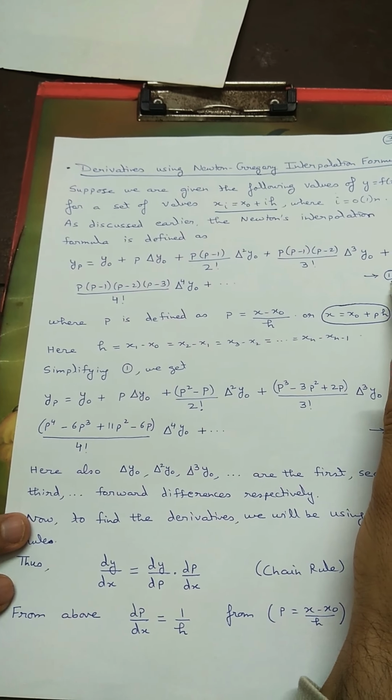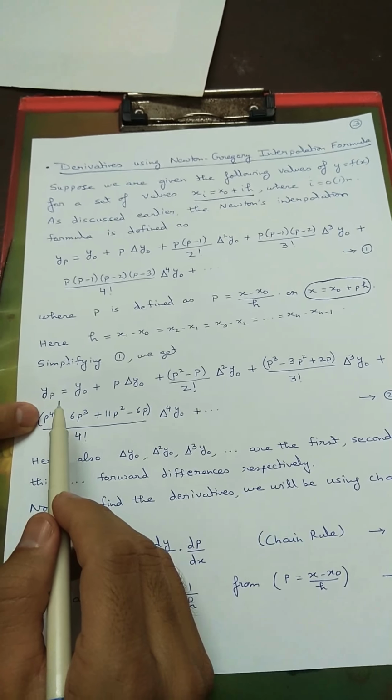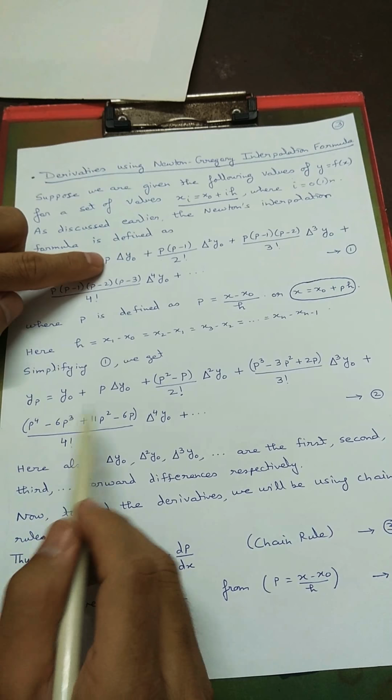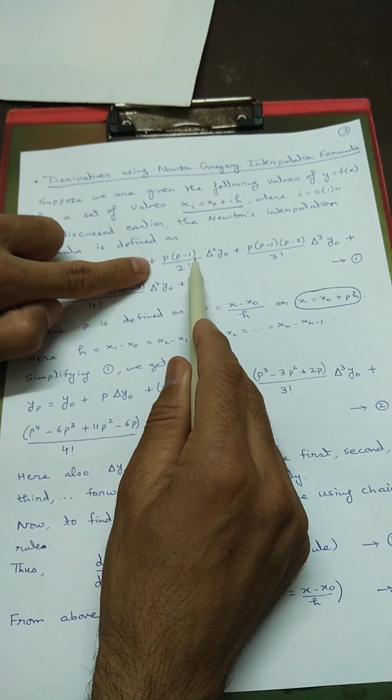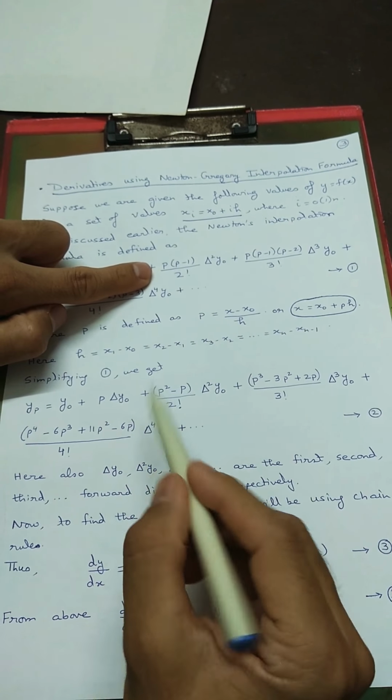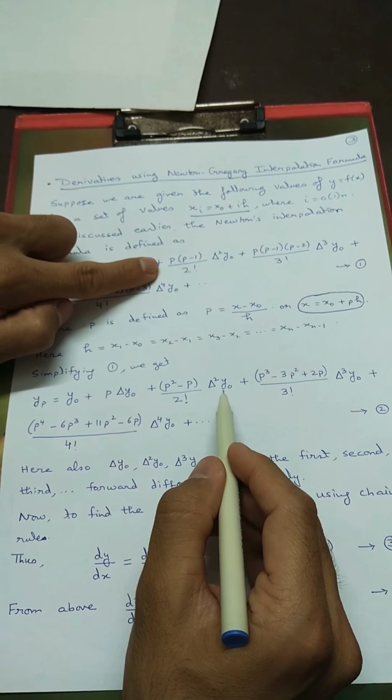Now simplifying equation 1, it can also be written as yp equals y0 plus p delta y0 plus, if I expand it and remove the bracket, (p square minus p) by factorial 2 del square y0.